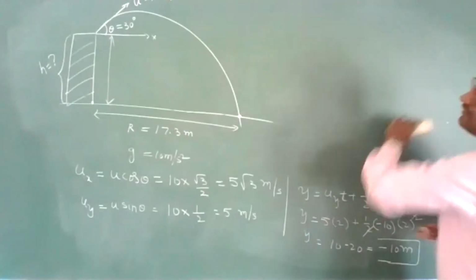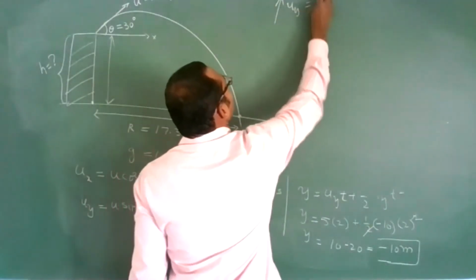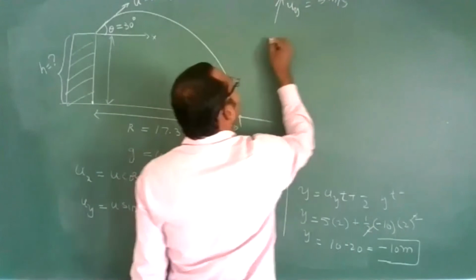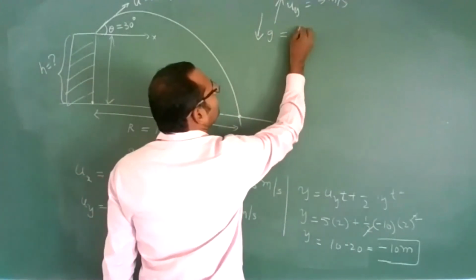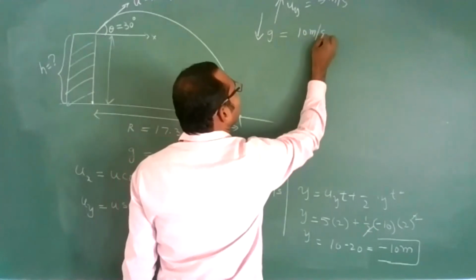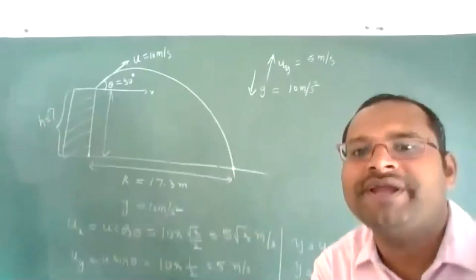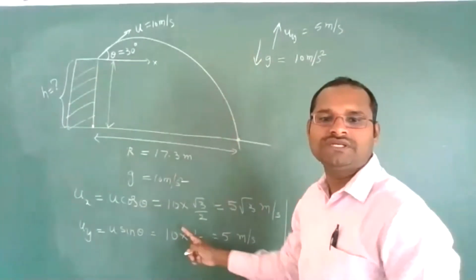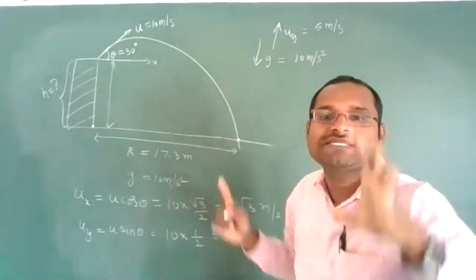See here, what is the vertical velocity it is traveling with? uy, how much? 5 meter per second, and vertically downward acceleration due to gravity is there, that is 10 meter per second square. Are you getting this point? Vertically it is going with 5 meter per second, and acceleration is downward 10 meter per second square.